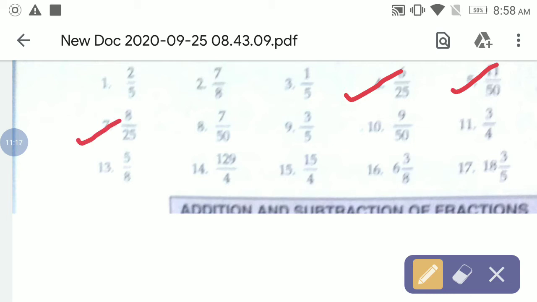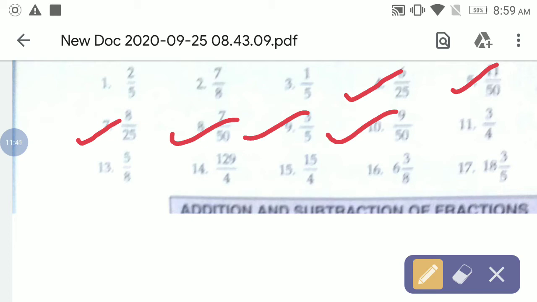Again this thing you can do it. This also you can do it by multiplying it by 2. 5 by 2. Then 50 by 2. This type also you can do it, or if you want to do the division, that is also one of the methods to do it.